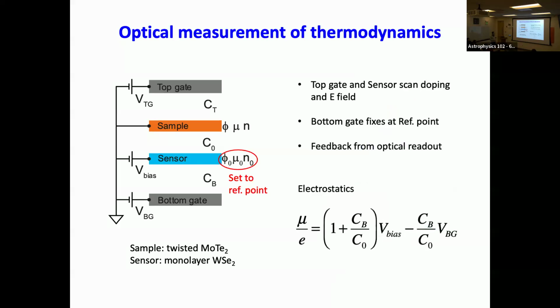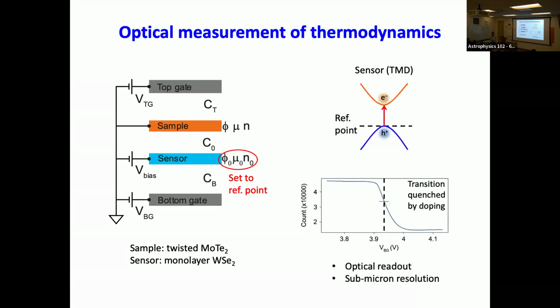So in our experiment, we use the top gate and sensor to independently tune doping and electric field. We use a bottom gate and a feedback circuit to fix the sensor at this particular point, so the Fermi energy is always locked here, which corresponds to this point in the readout.